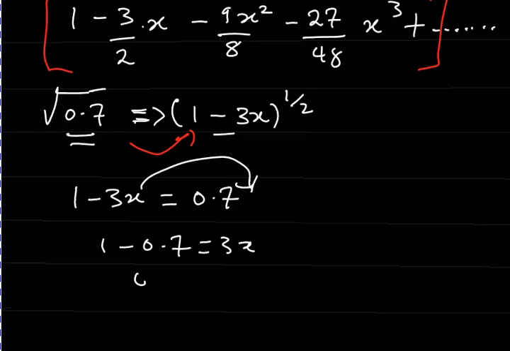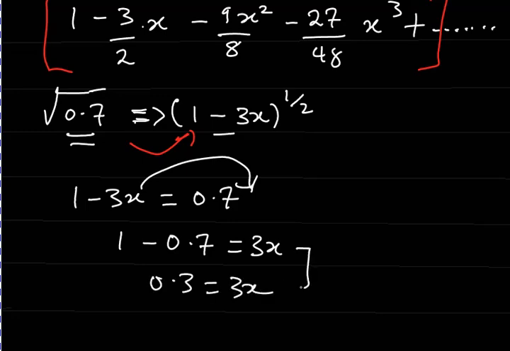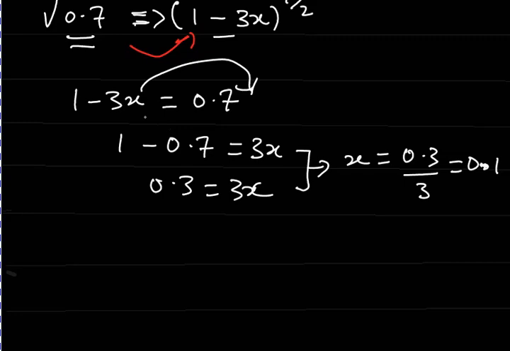So invariably 1 minus 0.7 is 0.3, equal to 3x. If I make x the subject, x is going to be equal to 0.3 divided by 3, which is equal to 0.1. So x is 0.1.